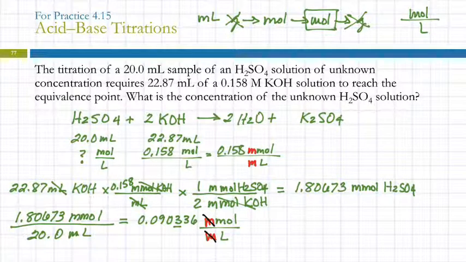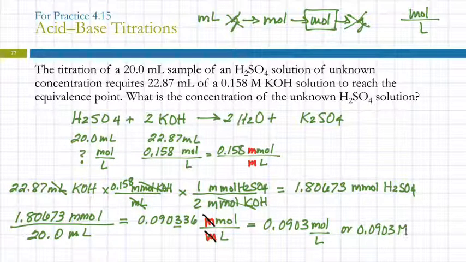Those cancel out. Anything divided by itself is 1. So what I've got here, I'm going to round it now, 0.0903 moles per liter. Or you can write 0.0903 capital M. Any questions?